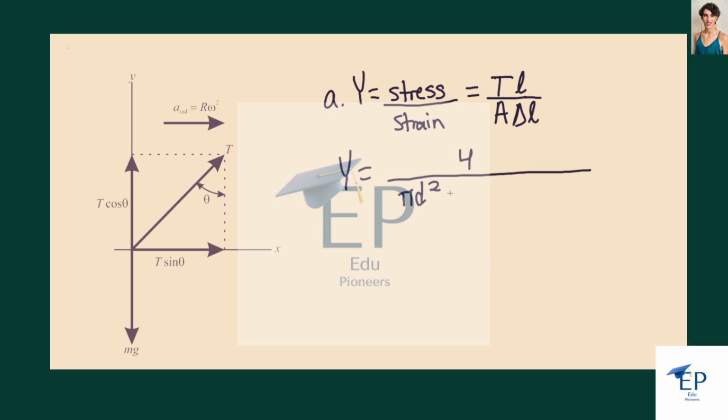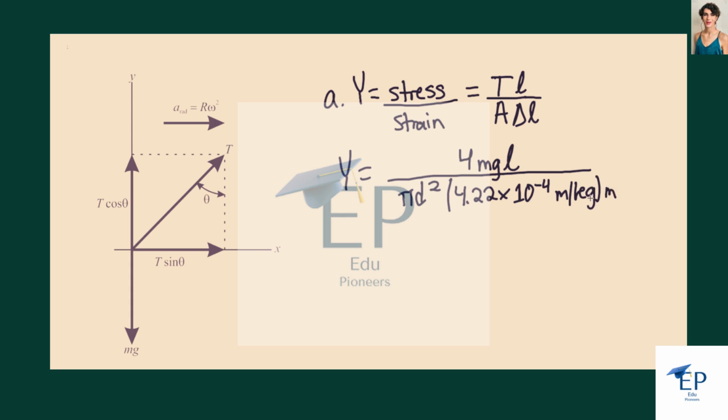And then we can say that, furthermore, the tension force is simply going to be mg. And then times the length. And then here it would be divided by 4.22 times 10 to the negative 4th meters per kilogram times the mass.